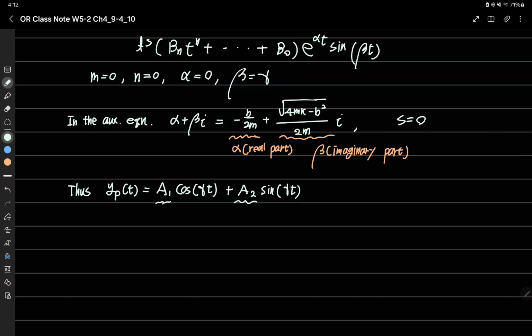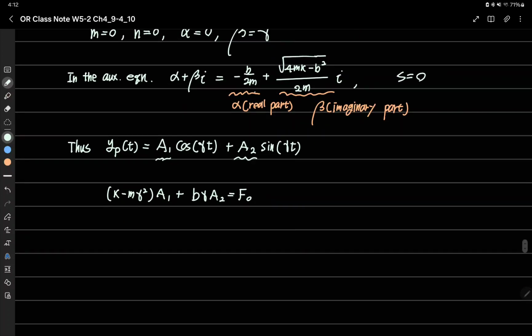Doing that, we end up with (k minus m gamma squared) A1 plus b gamma A2 equal to F sub 0, and minus b gamma A1 plus (k minus m gamma squared) A2 equals 0.